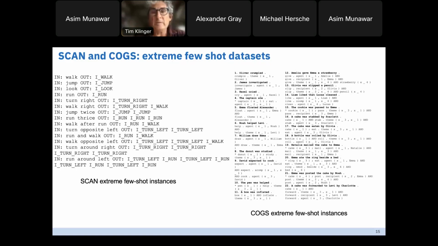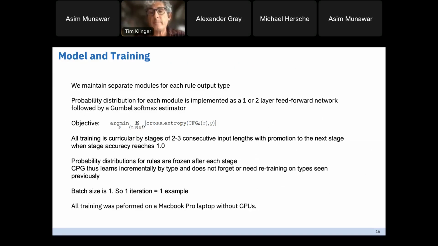These modules are implemented as really simple one layer feedforward networks in the case of SCAN, or 2-layer feedforward networks in the case of COGS, followed by something called a Gumbel softmax estimator, which is a way of getting a discrete sample, which is what we need to map, for example, in copy when we get the indices that we want to map the input to.